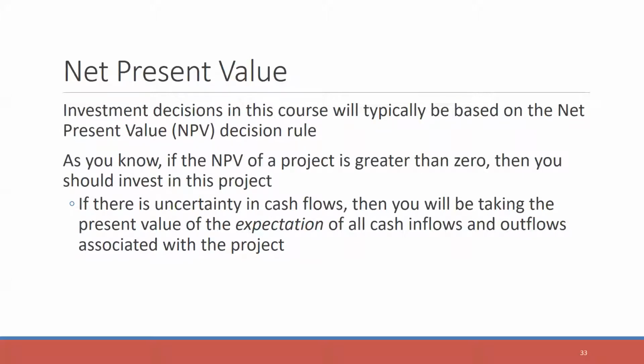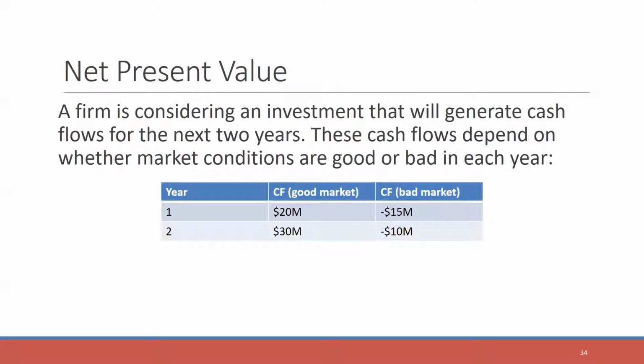As you know, if the NPV of a project is positive, then you should invest in the project. If there's uncertainty in the cash flows, meaning that we're not certain what those cash flows will be, we'll take an expectation. So what is an expectation? An expectation is an average. So we'll take an average.